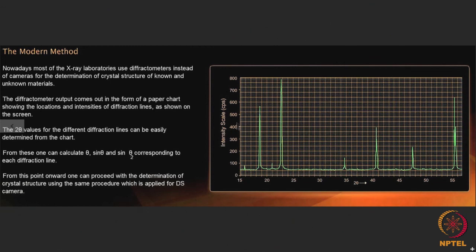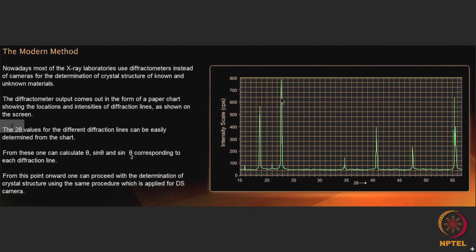So, this is the intensity of a diffraction line, and this is the 2 theta along x axis. The 2 theta values for the different diffraction lines can be easily determined from the chart, so that you can figure out the exact 2 theta values for the different lines over here.